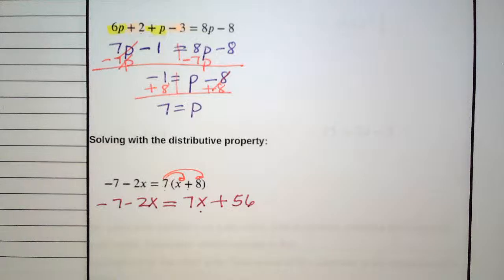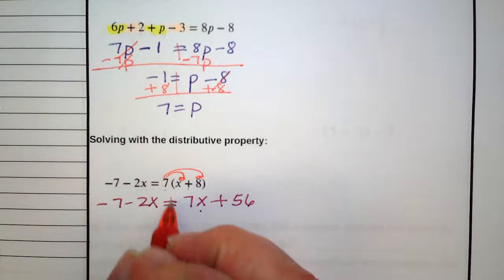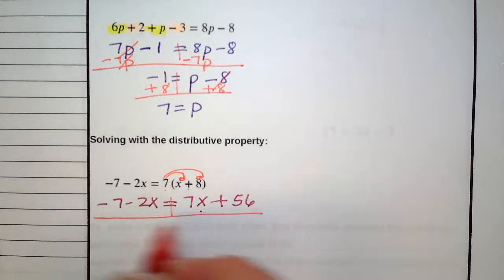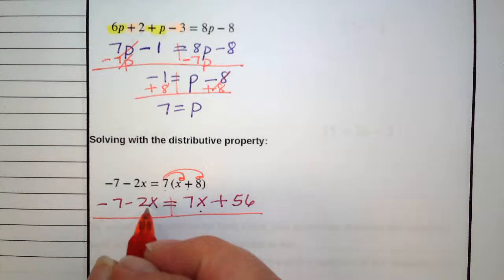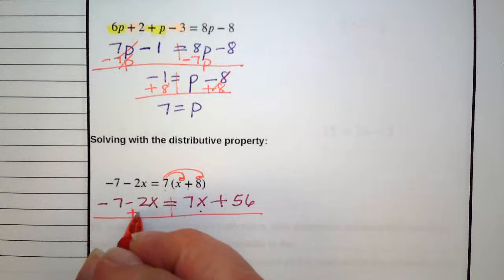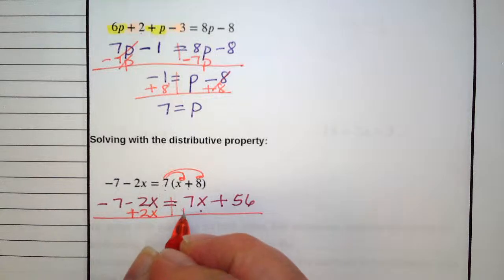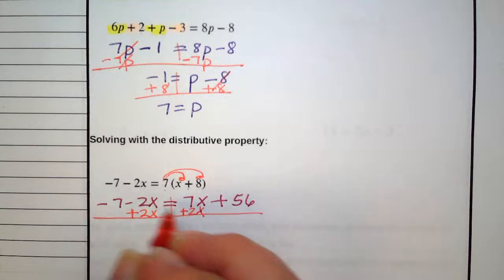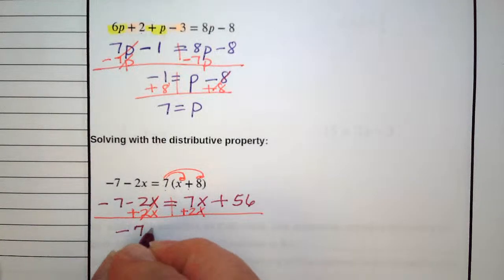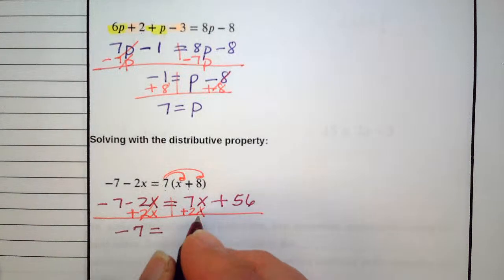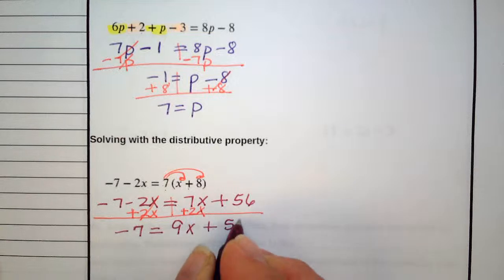Now what do I do? Well, which would be smaller? Negative 2x or positive 7x? Negative 2x. So I want to add 2x to both sides. Negative 7 is equal to 7x plus 2x is 9x plus 56.